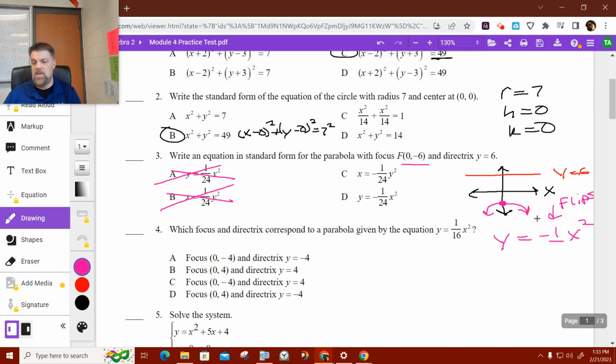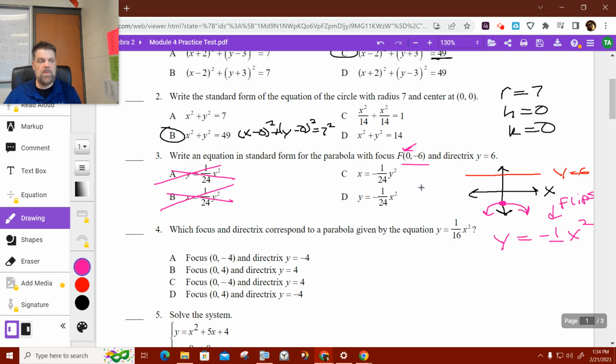Because if you look in the formula, because the focus has a 0 for the x value, then it's going to be x squared. I mean, there's that chart. I can pull up the chart, but it's in your textbook. Also, because the directrix is y equals a number, then it's going to be x squared.